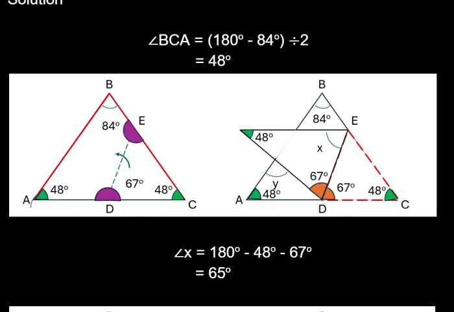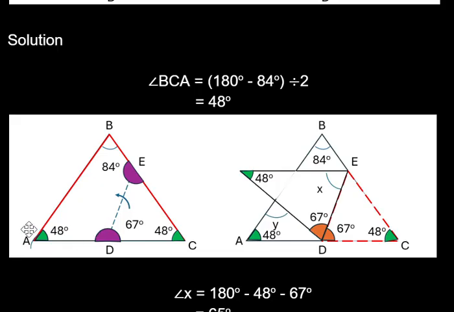As mentioned just now, we are able to find the green color angle. We take 180 degrees minus 84, divide by 2, which is 48 degrees on this side. So this is 48, this is 48. We also know that this angle here is also 48, because remember, when folded, this angle is the same as the green color here. We also know that this is 67, this is 67 from the information given.